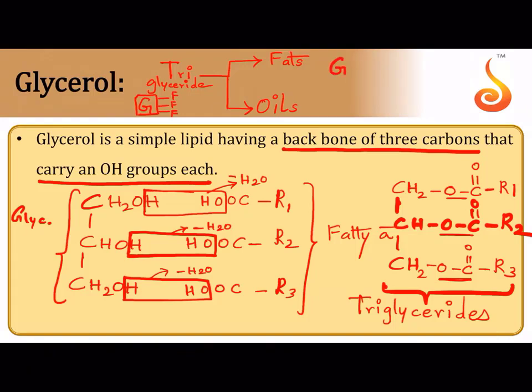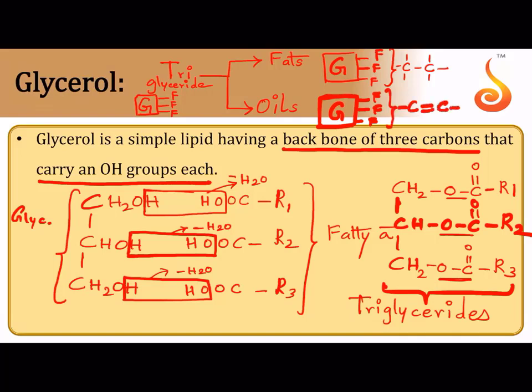So if it is a fat, then there is a glycerol molecule with 1, 2 and 3. All the 3 fatty acids have only carbon to carbon single bond, meaning they are saturated. If it is oil, they will have a glycerol molecule which is linked to 3 molecules of fatty acids, where the fatty acids may have carbon to carbon double bond. So they are unsaturated.